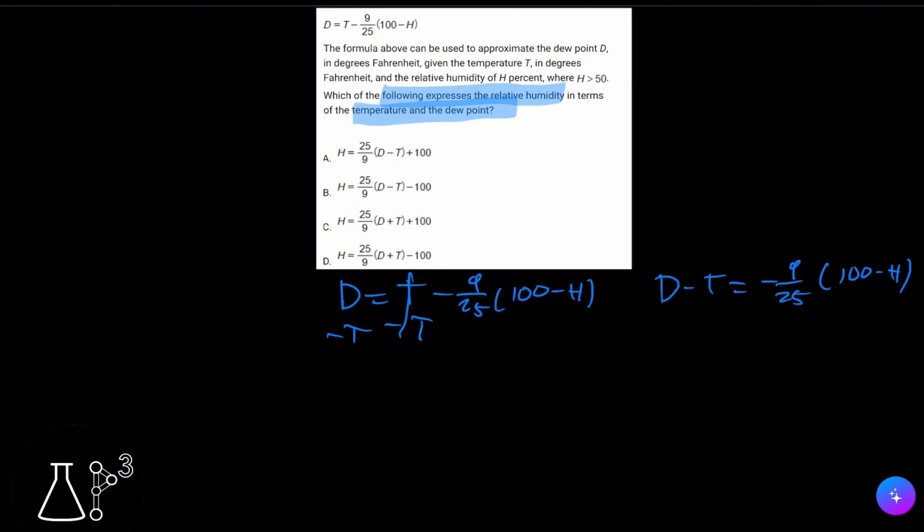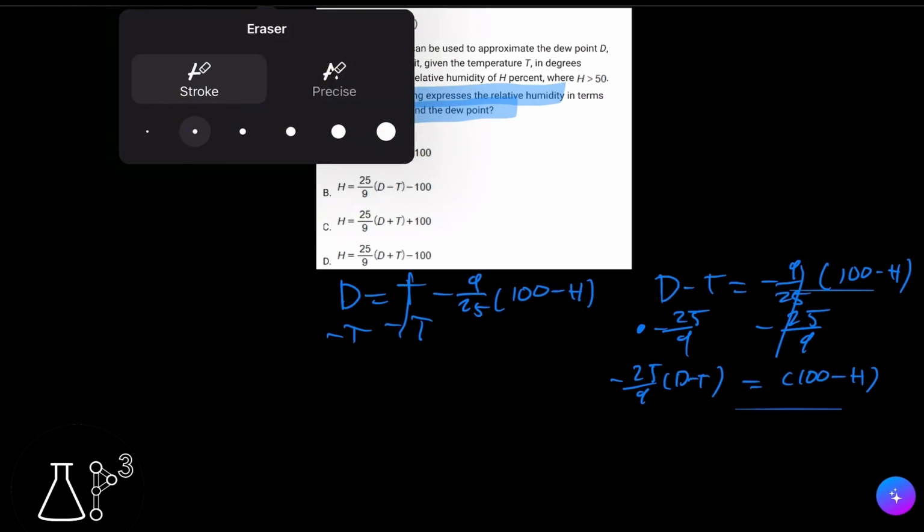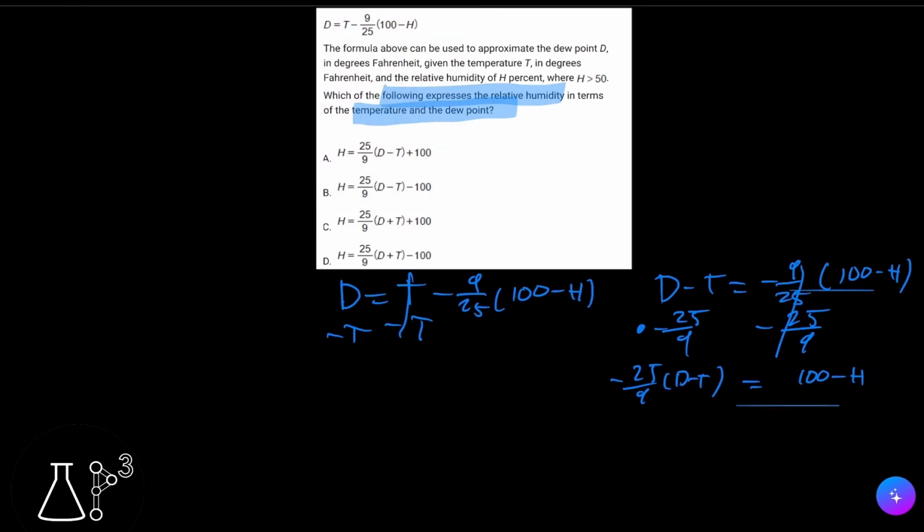So if we multiply negative 25 divided by 9 on both sides, these two cancel out, and on the right side I'm just left with 100 minus H, and on the left side I get negative 25 divided by 9, parentheses D minus T. So let me take out the parentheses in the 100 minus H. So I can subtract 100 on both sides.